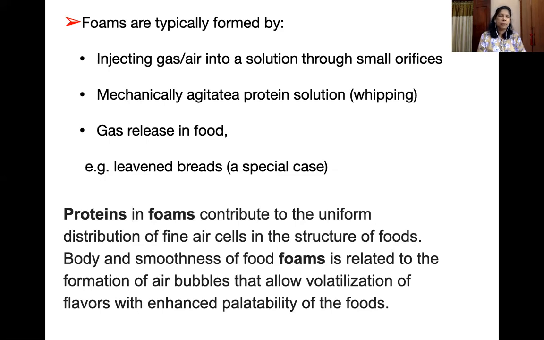The gas is released because of the leavening agent. Therefore, foams are typically formed in three situations: you can incorporate gases inside, mechanically agitate the protein, like whipping, or gases like carbon dioxide are released automatically during the production of bakery products.